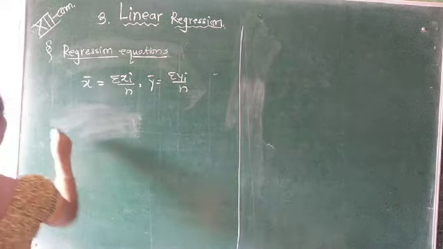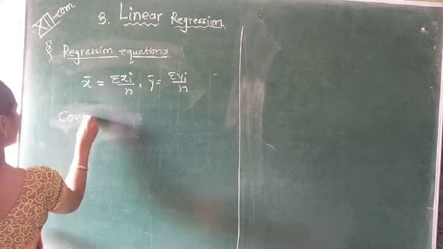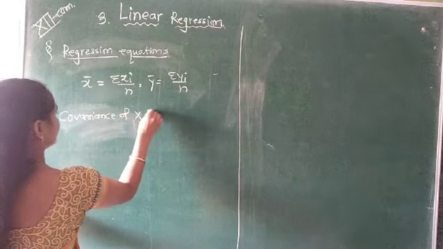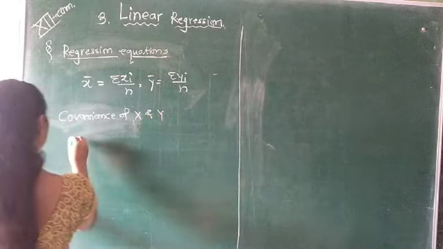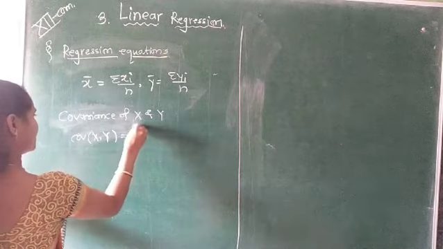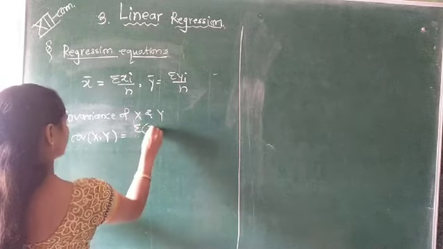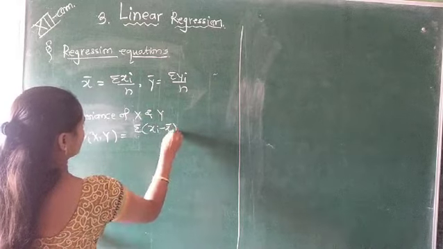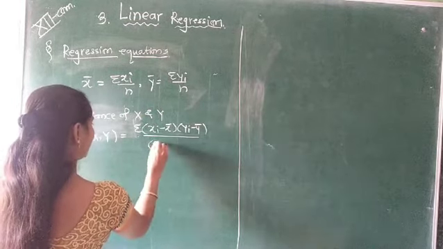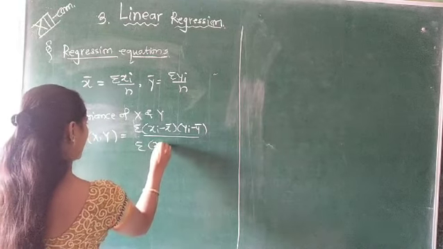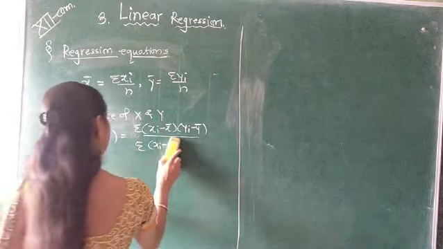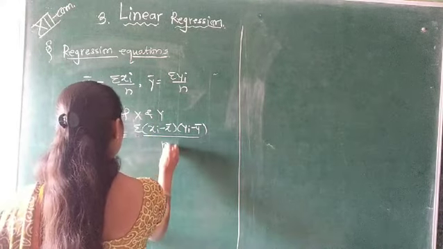Also in 11th standard we studied the covariance of x and y, which is denoted by covariance of xy, which is equal to summation of xi minus x bar into yi minus y bar, divided by n.